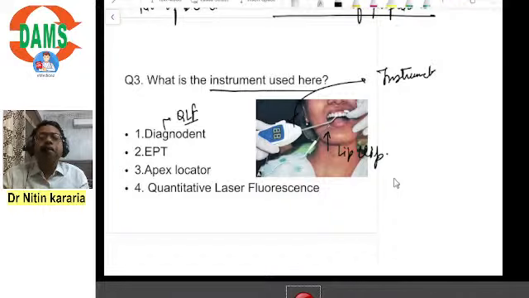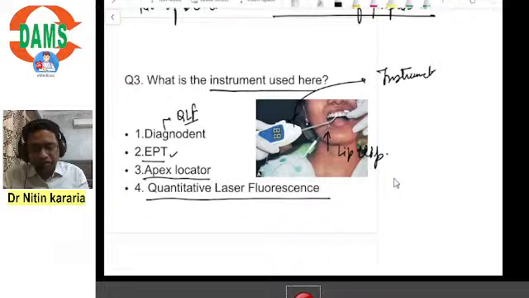Then EPT, the electric pulp tester, apex locator, or quantitative laser fluorescence. If you look at the options, Diagnodent is the brand name of the device which works on quantitative laser fluorescence. So basically speaking, options 1 and 4 are the same.